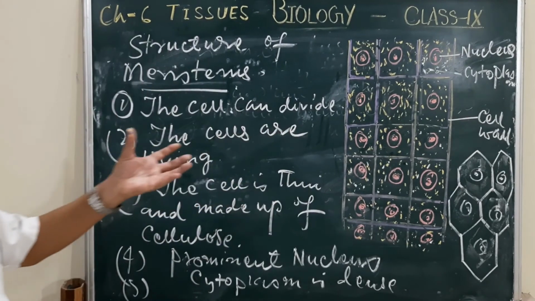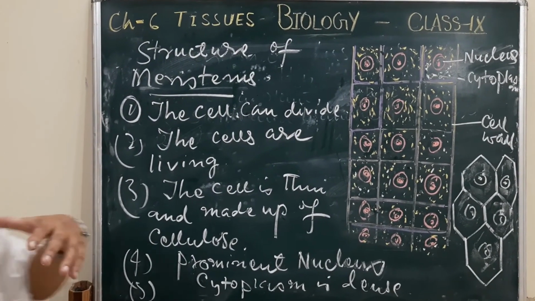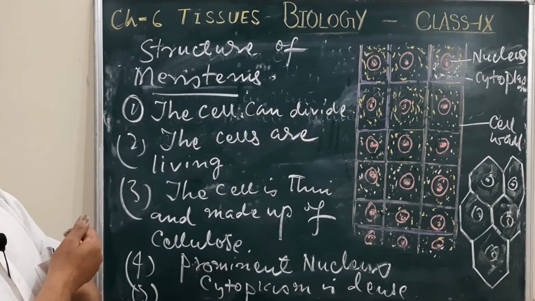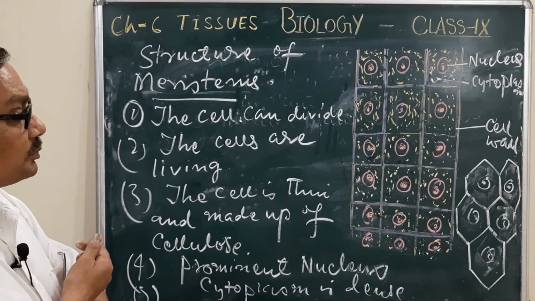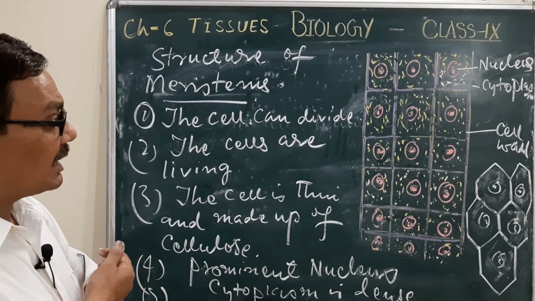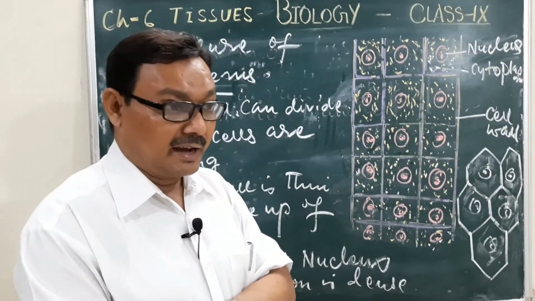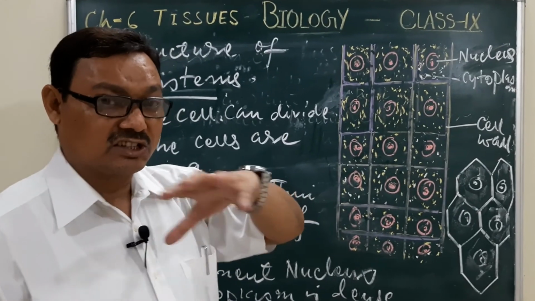Actually, what is the function of vacuole? Vacuole is present prominently in the plant cell. Large vacuoles are present, and those vacuoles have the capability to store food materials. Within the vacuole there is cell sap.